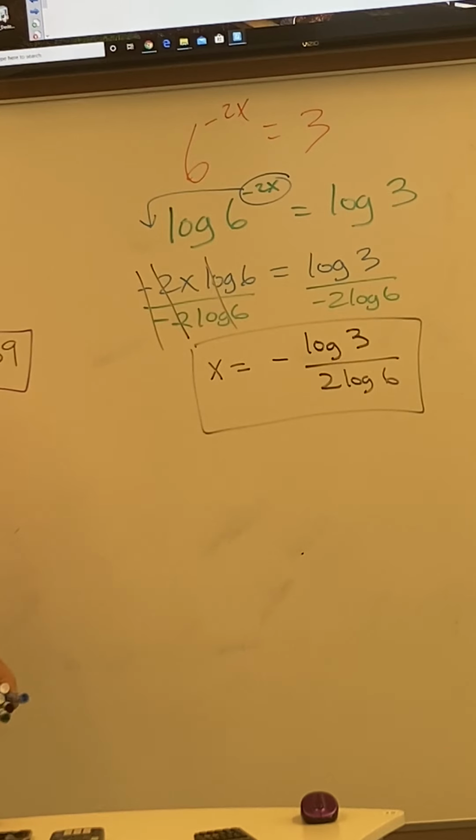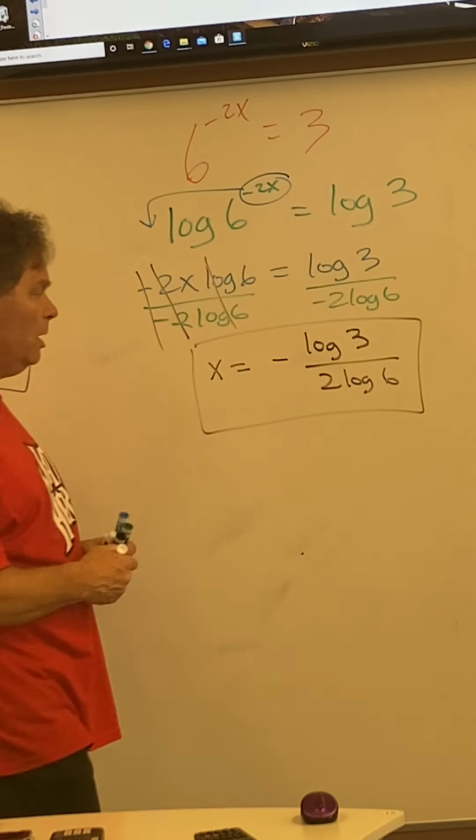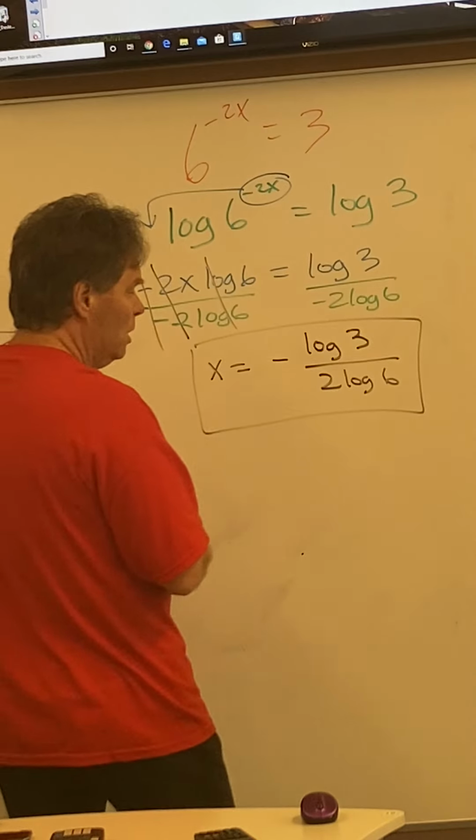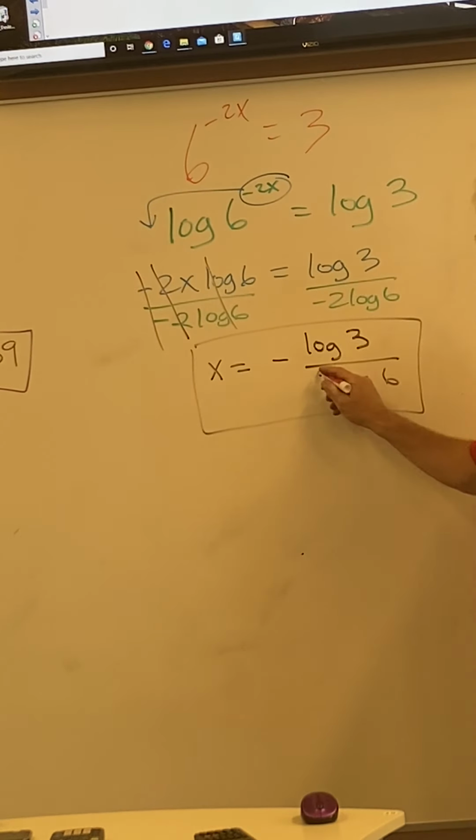But one thing you could do at this point, if you want to plug it into the calculator, here's what I would do. Notice something here. See this 2 right here? This could pump up and be log 6 squared, which is 36. So this is really the same thing as negative log 3 over log 36. I could turn 2 log 6 into log 36.